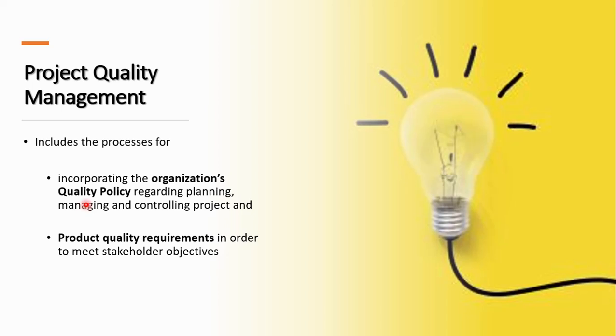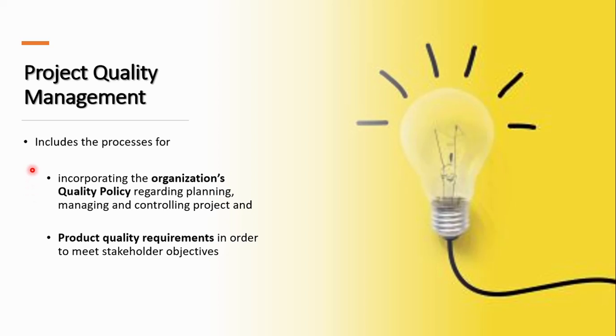So basically, maybe you're a software development organization, and your organization has certain product quality levels that you have to adhere to. Maybe from the information security side, or maybe from CMMI from the software development side. So there can be various other quality policies that your organization adheres to.